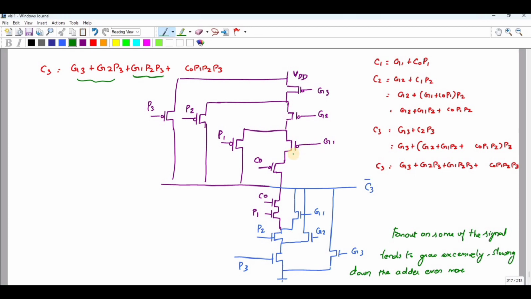Similarly, you have to draw it for the rest of the circuit.